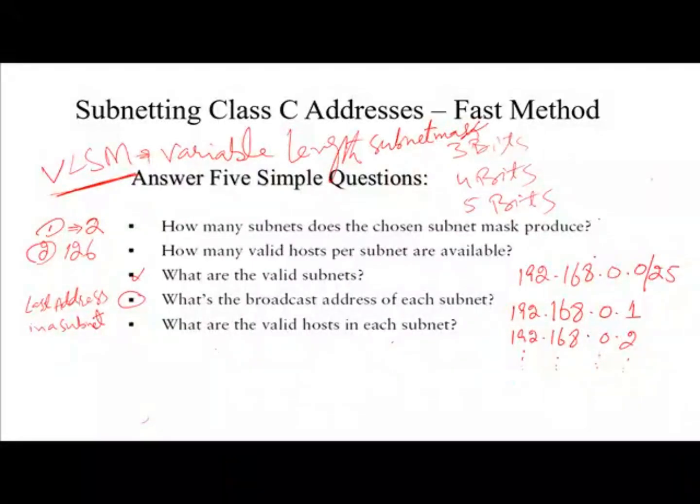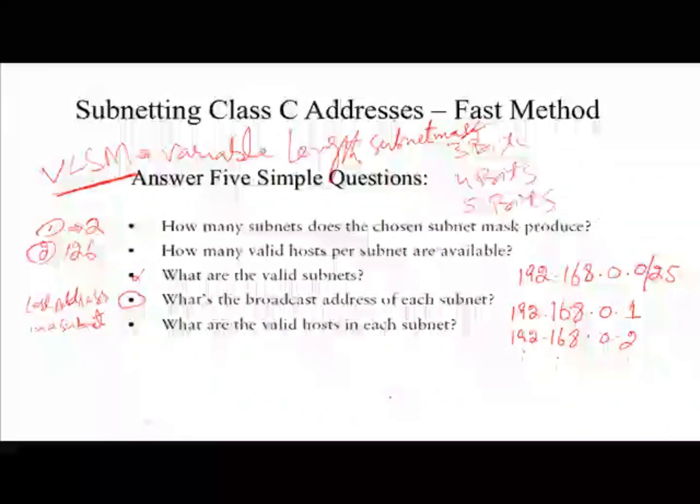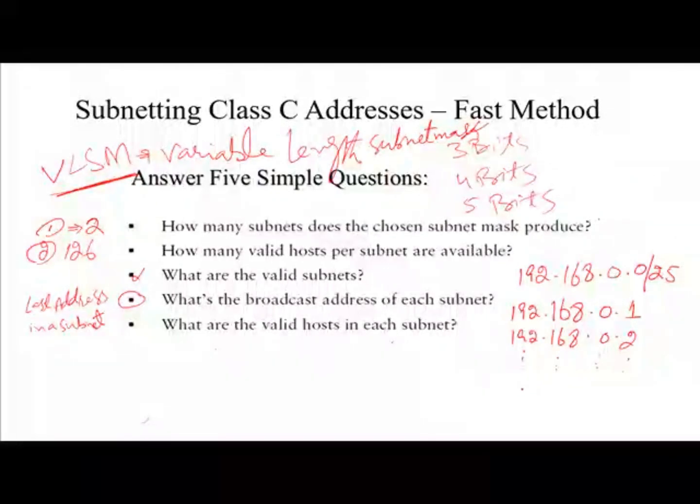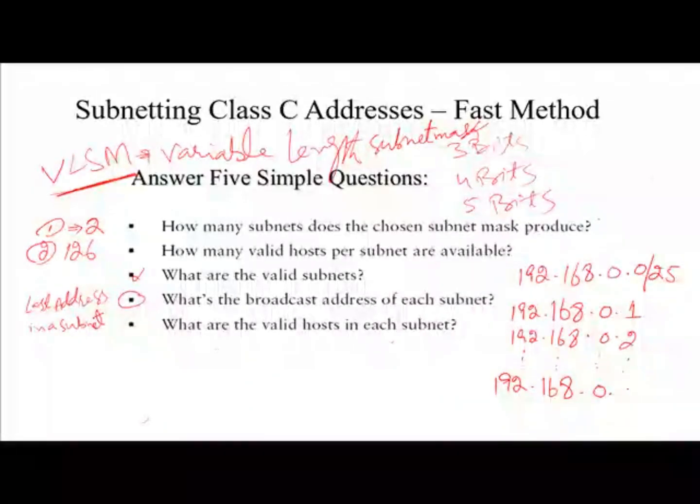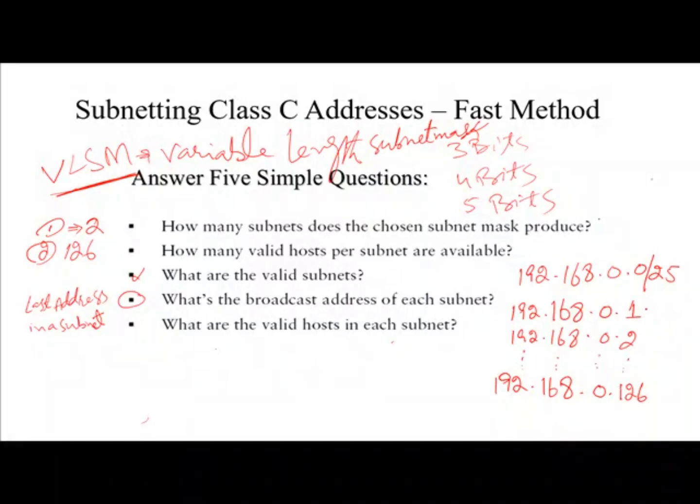We figured that out as well. If we start from 1 and move further, the last assignable address that can be assigned to a host, a computer on the network, will be 126. Very good. So this is the range that we can configure.